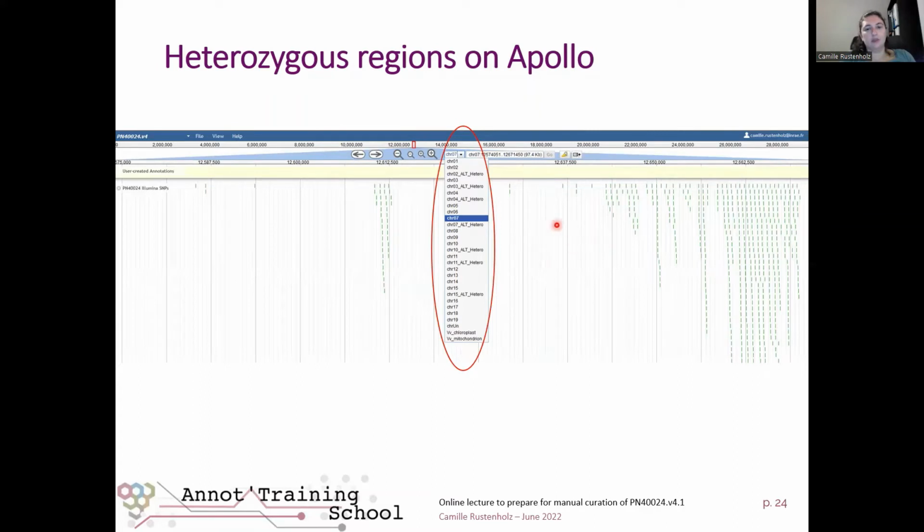So you will be able to annotate the pseudomolecules along with the allelic version of the 7 heterozygous regions. For example, here, chromosome 2 alt hetero is the allelic version of the heterozygous region that is located on chromosome 2. So that's where you will be able to choose where you'd like to work on the manual curation.